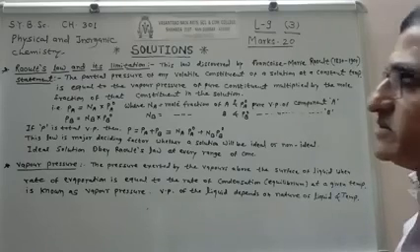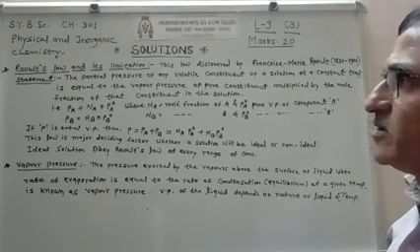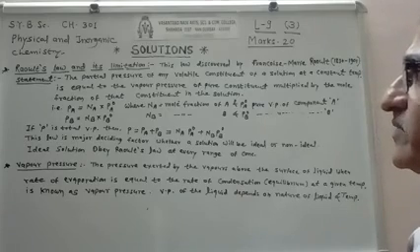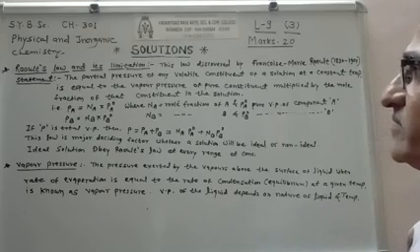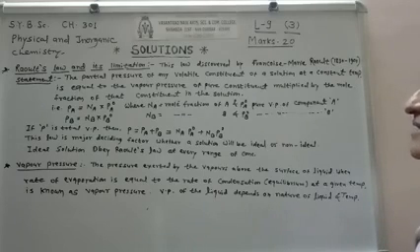Now friends, the next topic is Raoult's law and its limitations. This is the law discovered by Francois Marie Raoult, 1830 to 1901.